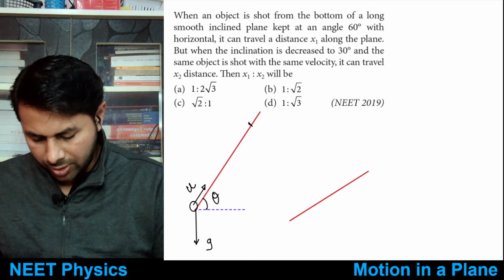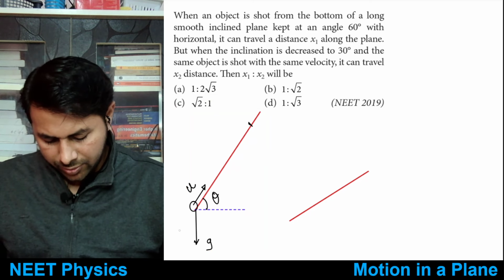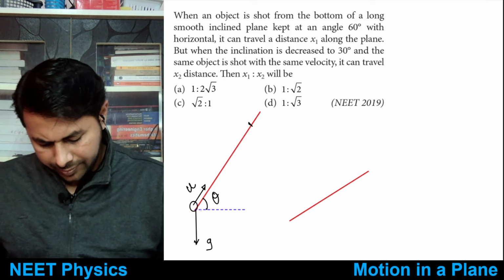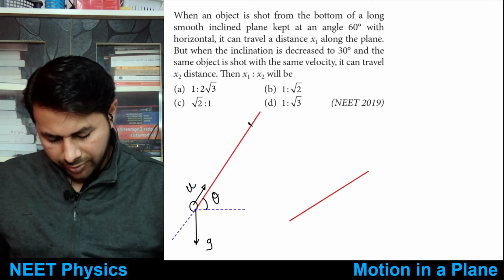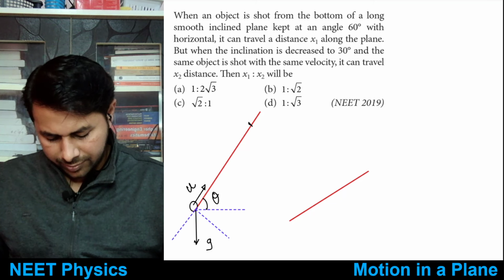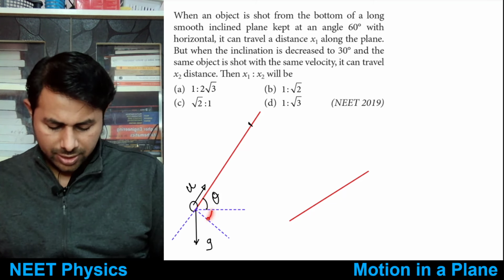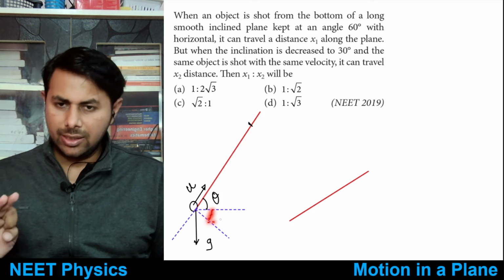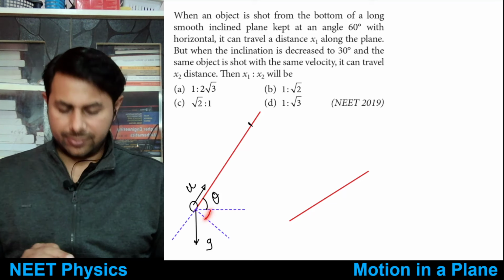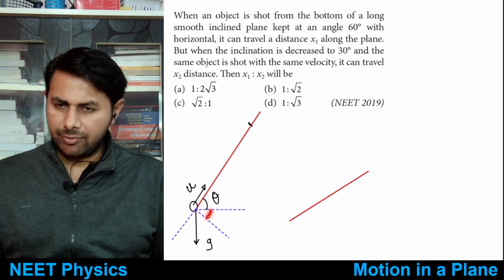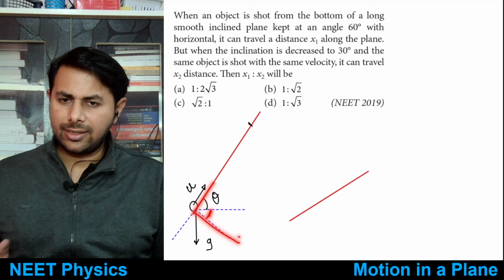So see, I am resolving acceleration due to gravity in two directions. One will be along the motion and one perpendicular to motion. This angle is theta. This angle will be 90 minus theta, because this is 90 degrees.